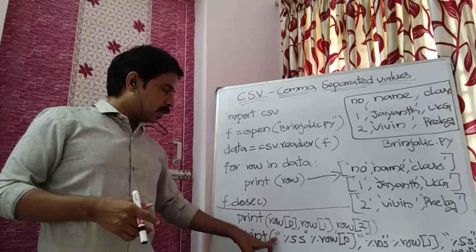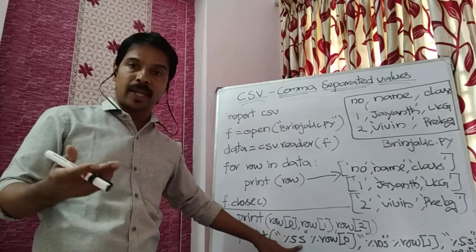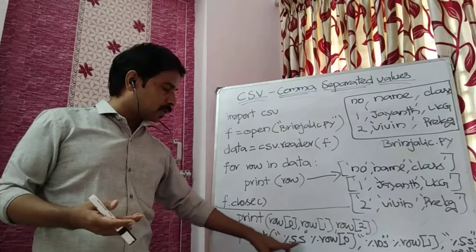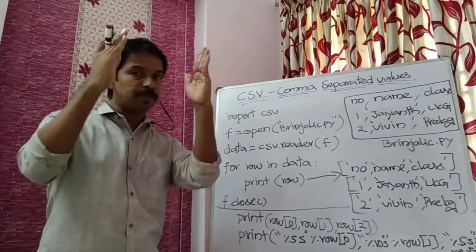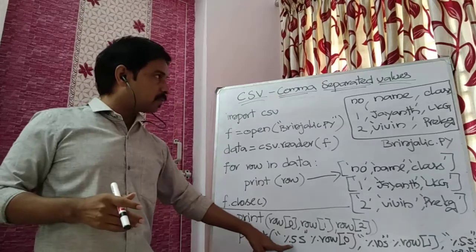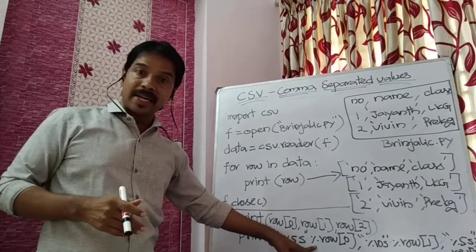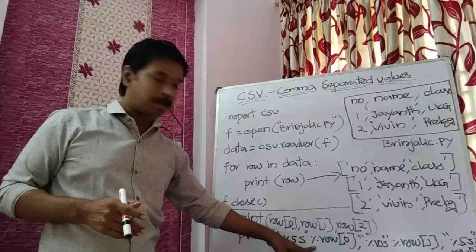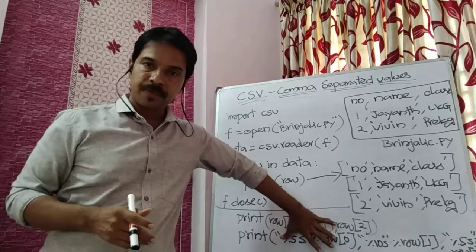Inside the double quote, we give percentage s. Between percentage and s, you can specify the number of spaces you need to provide for the specific field. I am giving 5 for the first field. Then instead of a comma, I am giving percentage row of 0, for the first column.